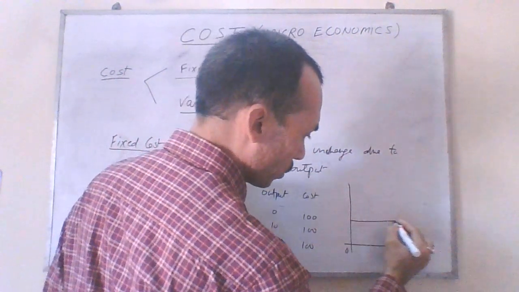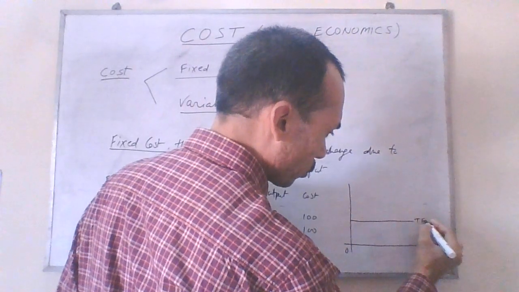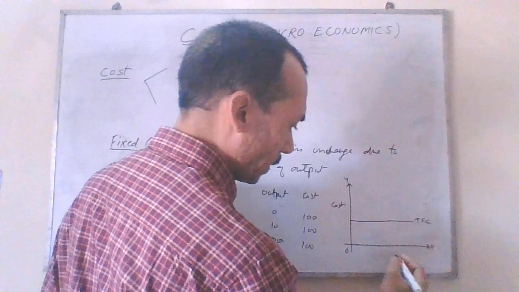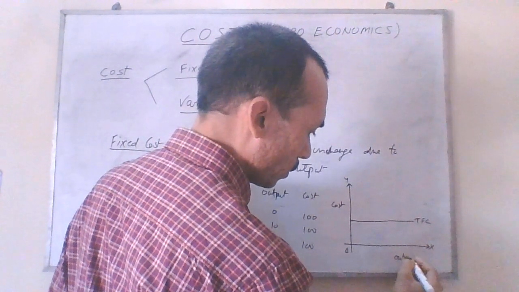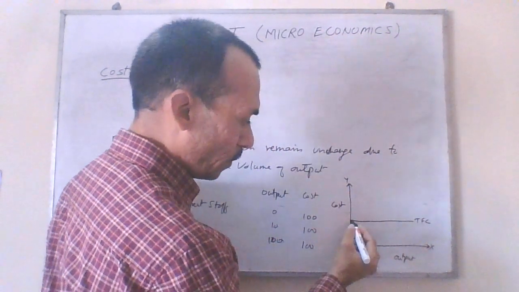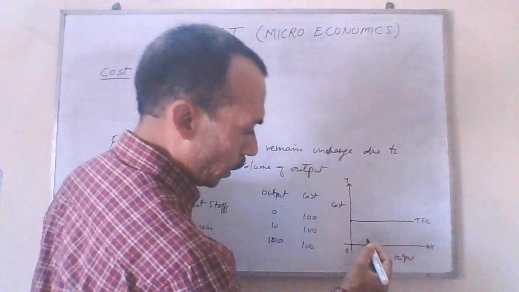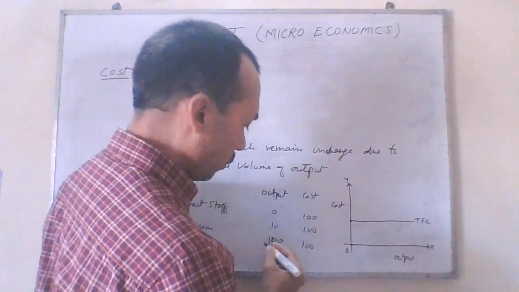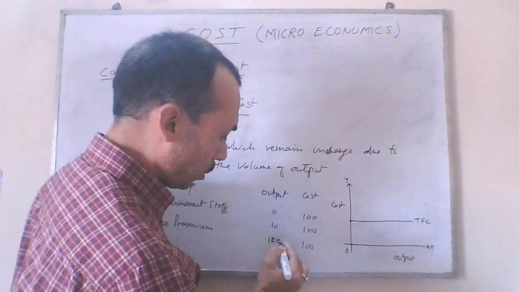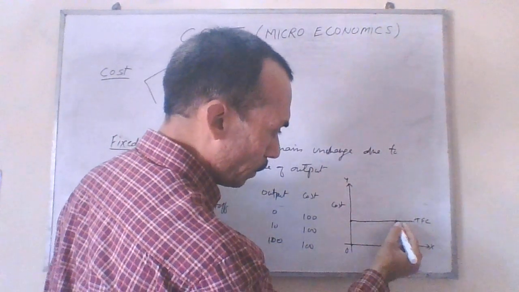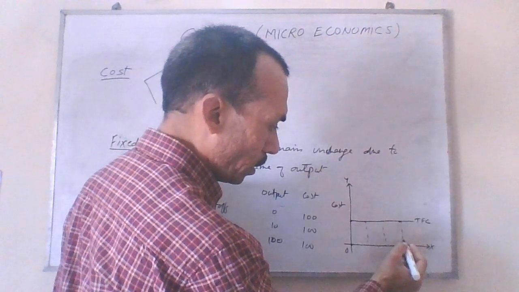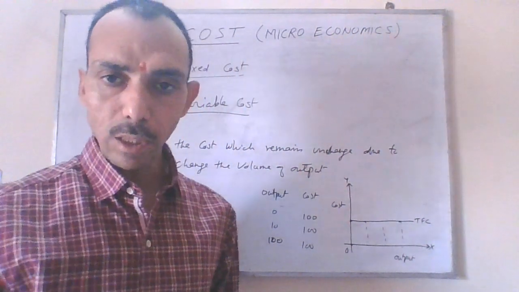This is your total fixed cost. On the y-axis we take the cost, on the x-axis we take the output. When the output is 0, fixed cost is 100. When output is 10, fixed cost remains 100. When output is increased from 10 to 100, the fixed cost remains the same. So as the output increases, fixed cost remains unchanged, and this is parallel to the x-axis.